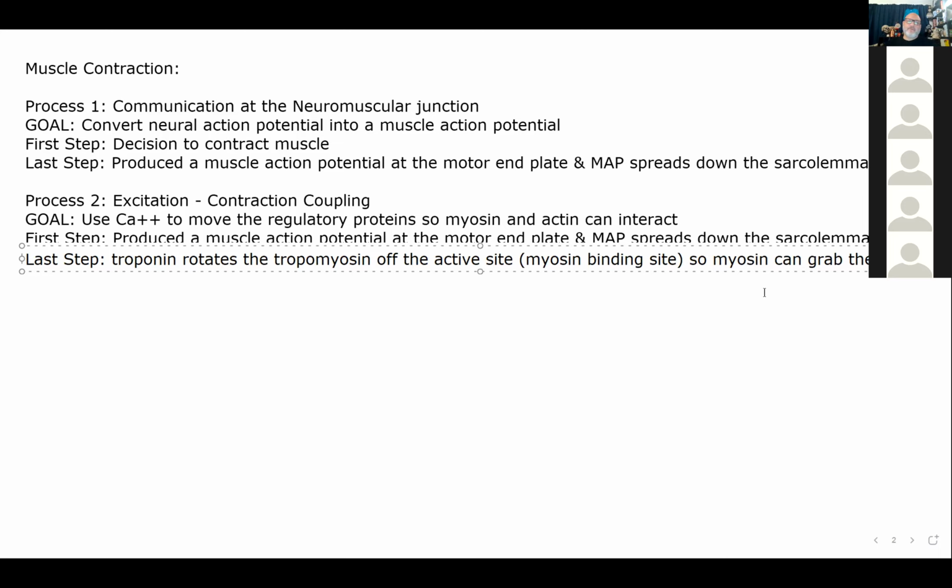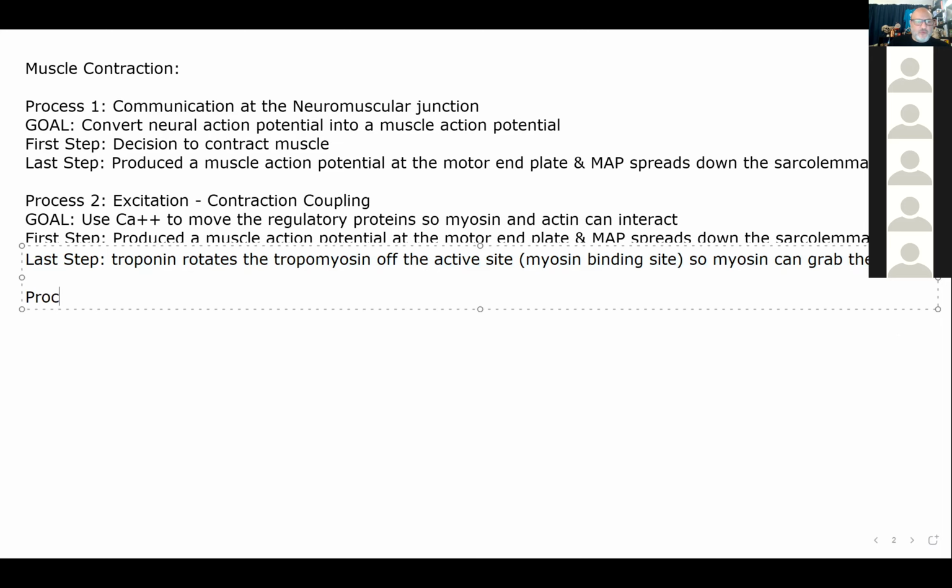And there you go. And guess what? Not only is that going to be the last step of process 2, but guess what else it is? First step of process 3.